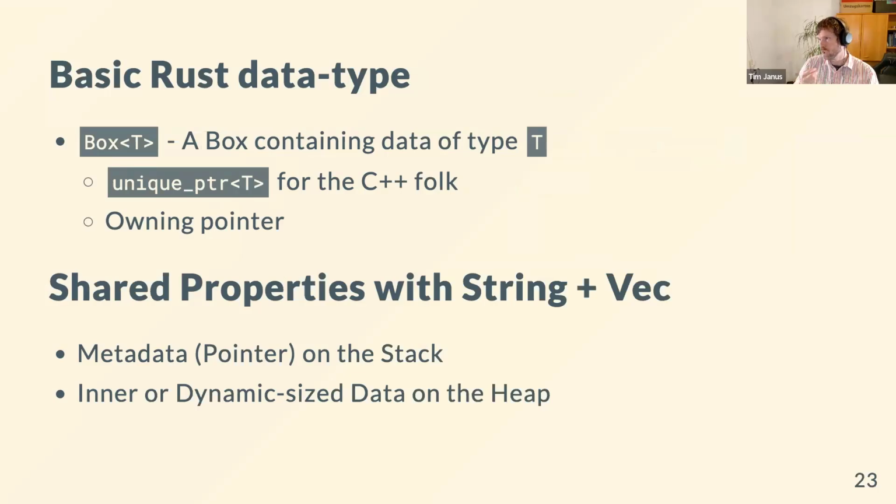Or from a conceptual perspective, you can see it as an owning pointer. So the pointer really owns the data it is referring to. And this Box has these shared properties with the string and the vector, that there is some metadata, in the case of the Box, just a pointer on the stack, and the inner or dynamically sized data is put on the heap.